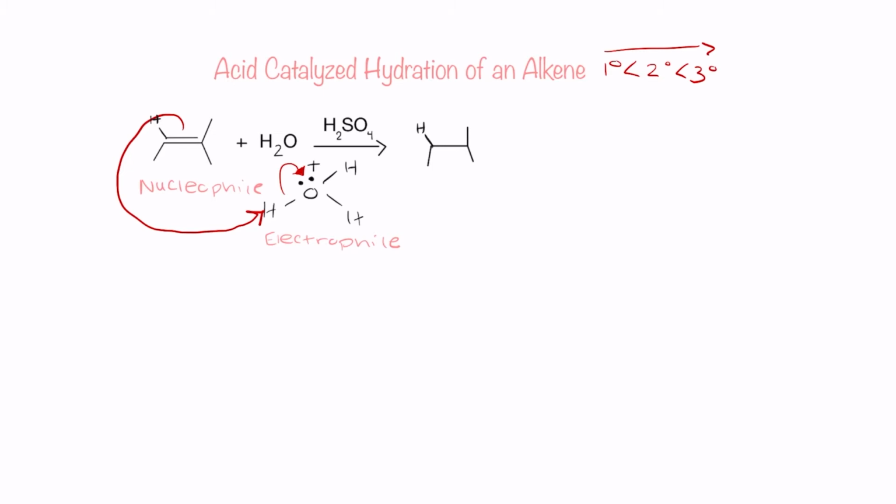So let's say we put the carbocation on this carbon. This would only be secondary because this carbon atom's only attached to 2 alkyl groups. Remember, we don't count the hydrogen there. While putting the carbocation on this carbon is going to give us a tertiary carbocation because it's going to be attached to 3 alkyl groups. Therefore, that's going to be a more stable intermediate.